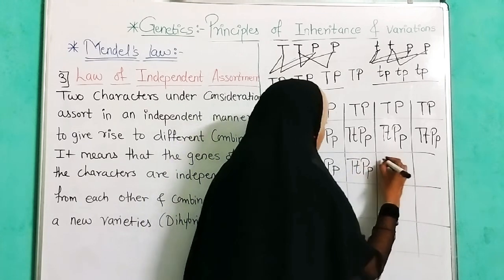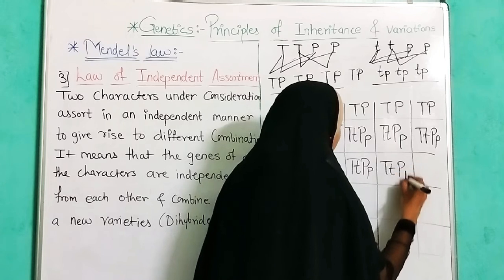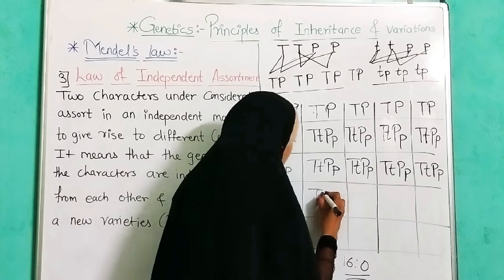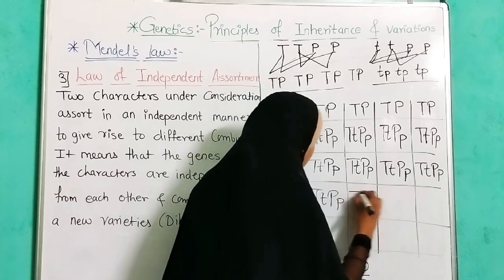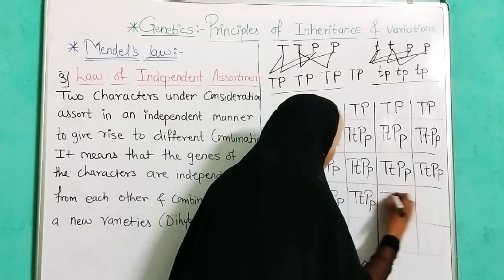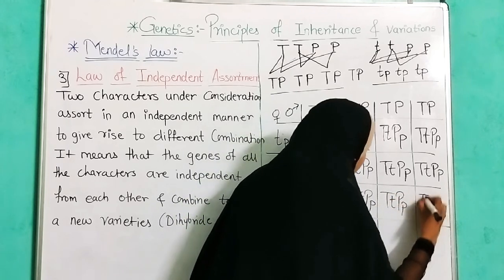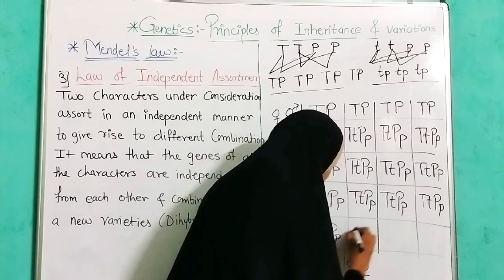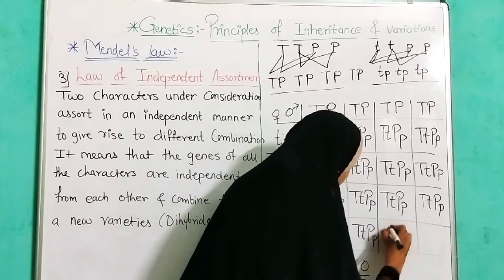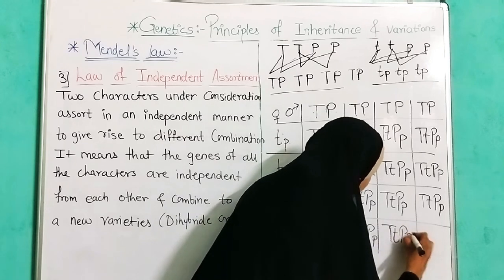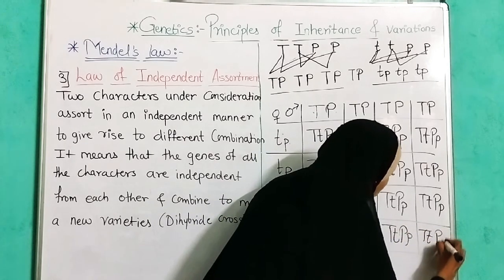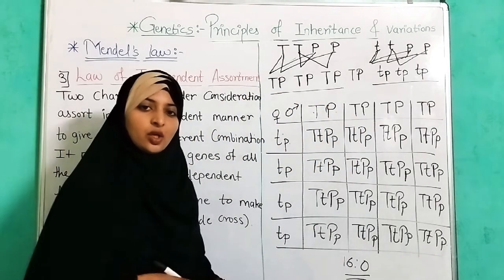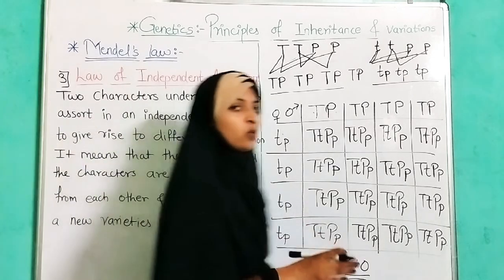So this law shows us varieties of different plants and new combinations are formed. In a dihybrid cross, two different contrasting characters are taken, that is tall and purple. So this was about the law of independent assortment.